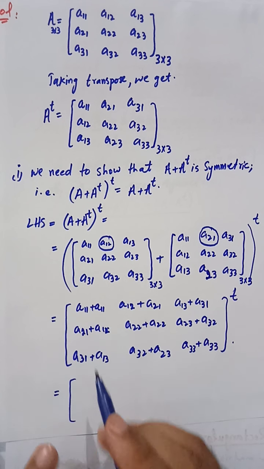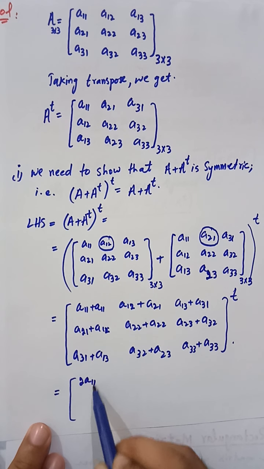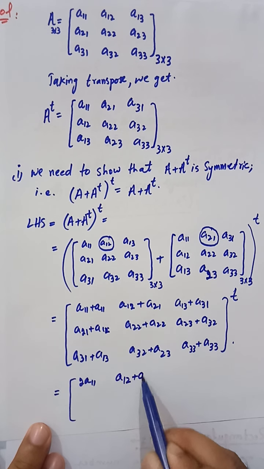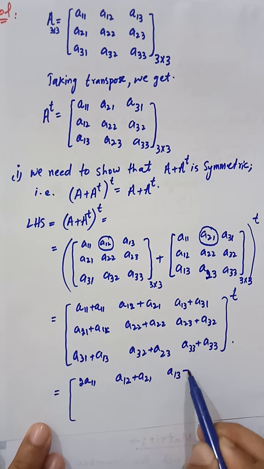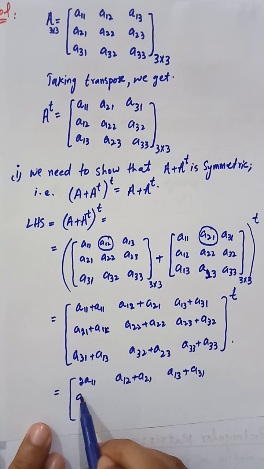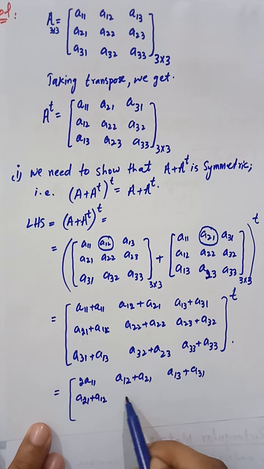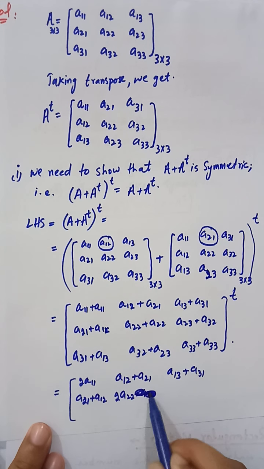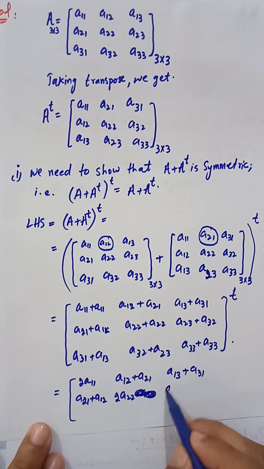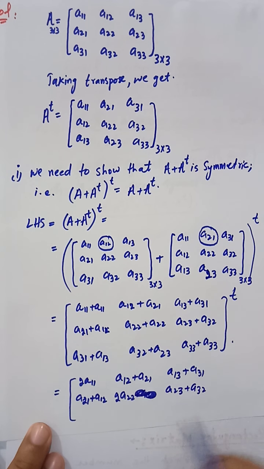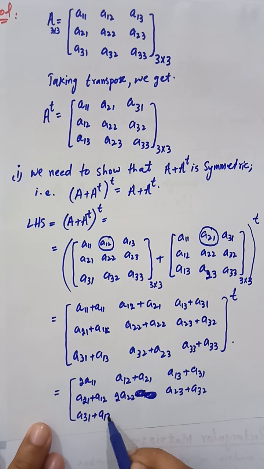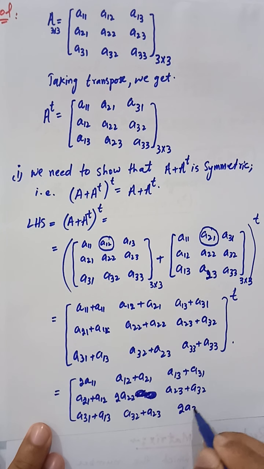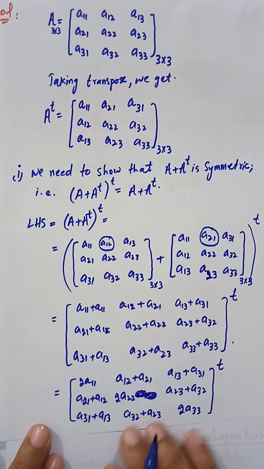So on adding, this is 2A11, this is A12 plus A21, A13 plus A31, A21 plus A12, A22 plus A22, so this is equal to 2 times A22, and this will be A23 plus A32, A31 plus A13, A32 plus A23, and this is 2 times A33, and we take its transpose.